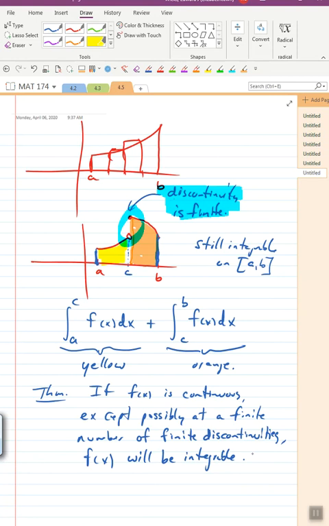Actually, you can make it even a stronger statement. You can say that f of x is continuous except possibly at a countably infinite number of finite discontinuities. f of x will still be integrable, but we don't ever talk about that in Calc 1. But it's okay to talk about a finite number of finite discontinuities.